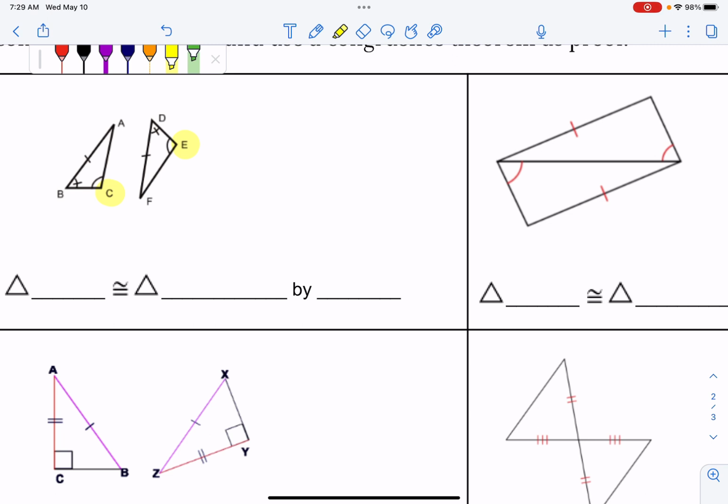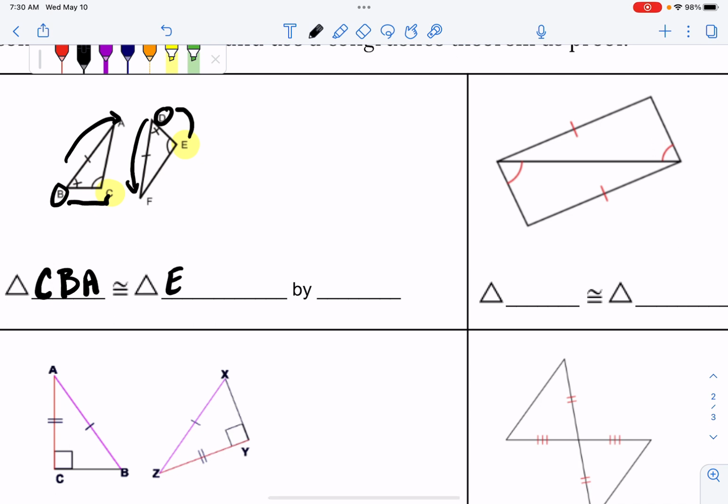So for example, if I said CBA, so I went C to B and then up to A, then I need to do the same thing going to the corresponding angles on this triangle. Well, B is going to be the same as D over here. So we're going to go E to D to F. And again, that is required. If you name these in the wrong order, naming non-corresponding parts together, that's a problem.